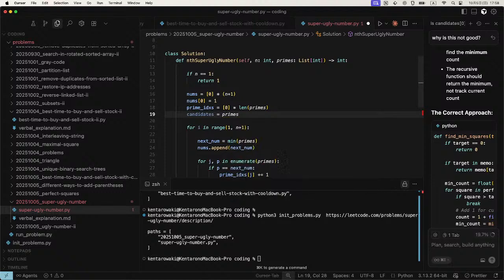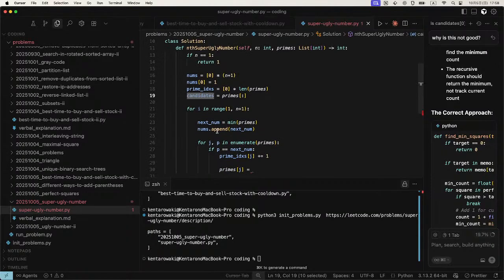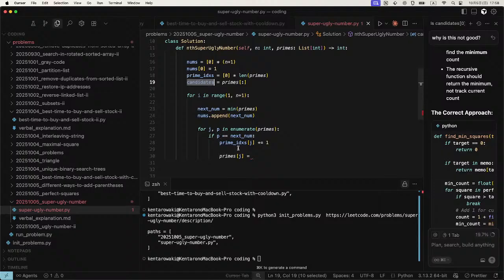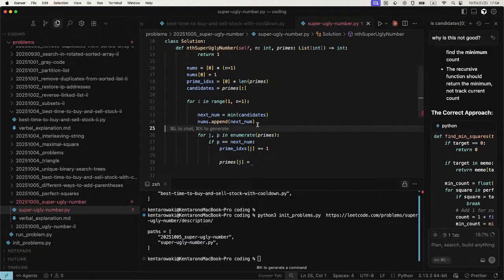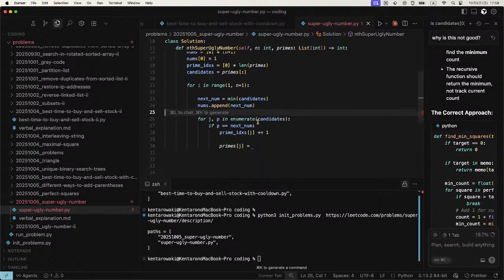So here we want to copy the primes array as the candidates, because the candidates are what is used here, and for enumerating it's also candidates.